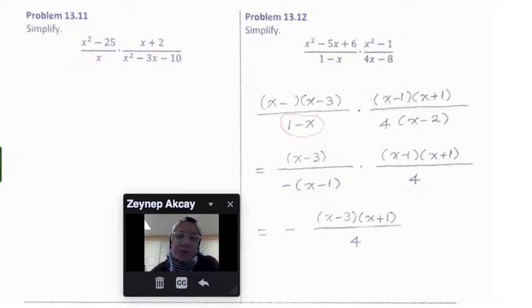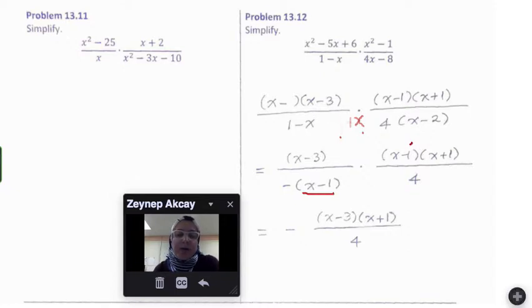So we choose to factor out a -1 from the first denominator. If we factor out a -1, we will end up with -1 plus x, which we can rewrite by reordering the terms. So we have x first and -1 later, so we have a -1 times x minus 1.